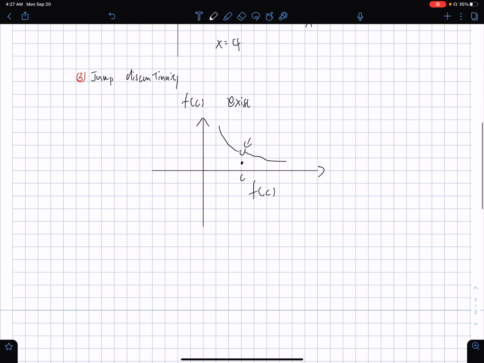And then at the jump discontinuity, it's that even though f(c) exists, the limit of f(x) at that point does not equal f(c).